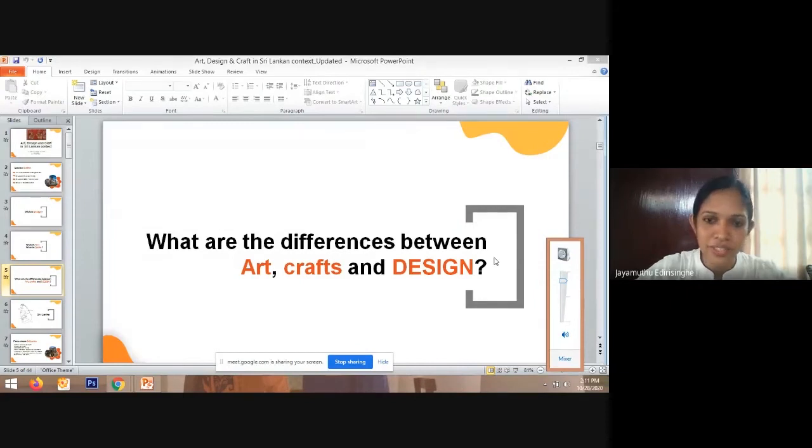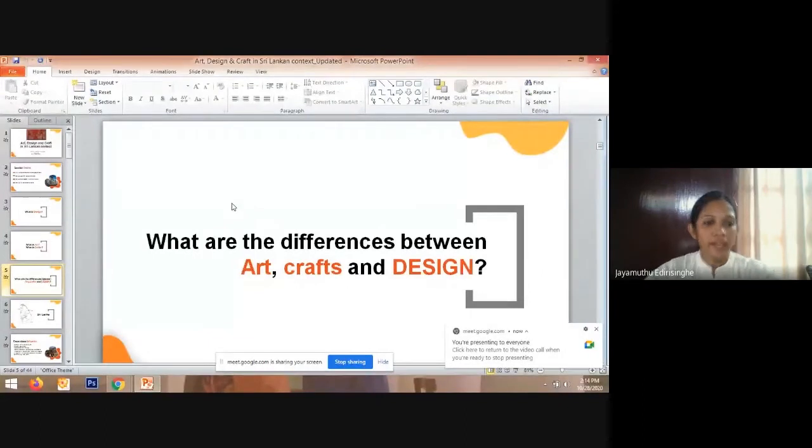What are the other differences between art and design? Just to have an introduction, actually there are so many differences between arts, crafts, and design. In design, as most of you mentioned, it has to have a target audience and a specific message, and we are communicating that message to our target audience.